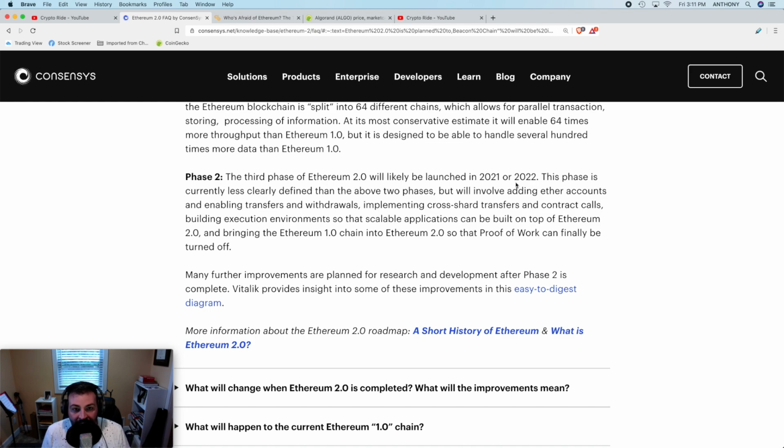We want to find out who is going to be not only doing this first, but also doing it the fastest. And I mentioned Zilliqa because they do have a mainnet launched with a smart contract platform that is fully scalable and will only improve as the network expands and gets more nodes on it. Not that this is a Zilliqa video, but you guys know I'm bullish on Zilliqa.